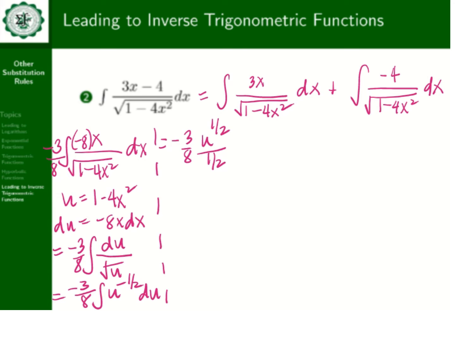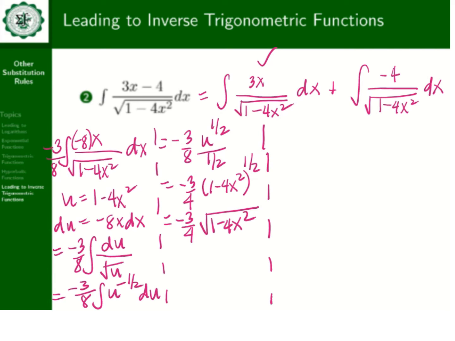We'll put the constant of integration later. So this will become negative 3 over 8 times the reciprocal of 1/2, that is 2. Simplifying, we get negative 3 over 4. We replace u by 1 minus 4x squared, so we have 1 minus 4x squared raised to 1/2, or negative 3 over 4 square root of 1 minus 4x squared. So this is the answer for the first term.